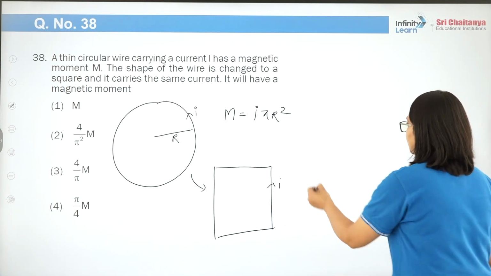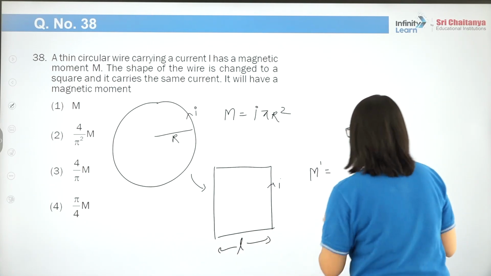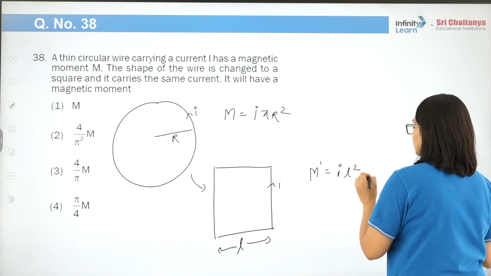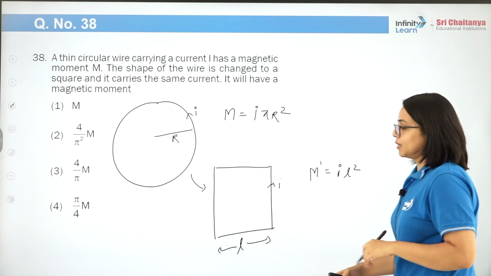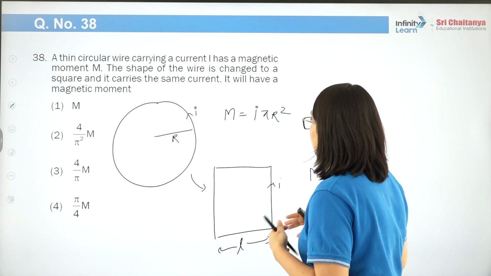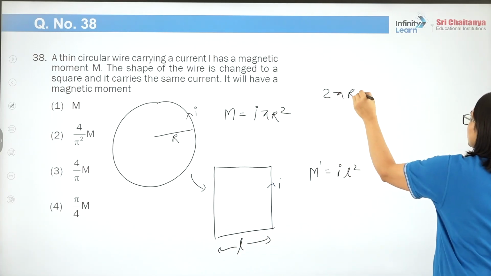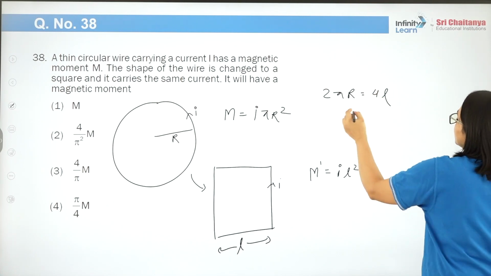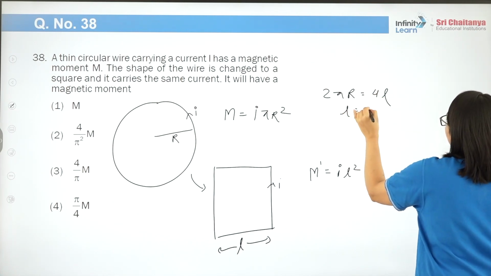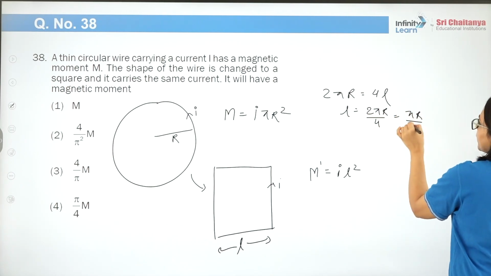So here M dash will be, if L is this side, then it is I into L square, but L is unknown. But we know that the total length of the wire should be constant, right? So the circumference of this circular wire, 2 pi r, should be 4L. So L will be 2 pi r divided by 4, which is pi r divided by 2.